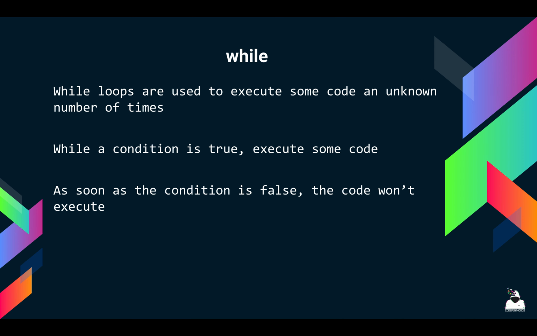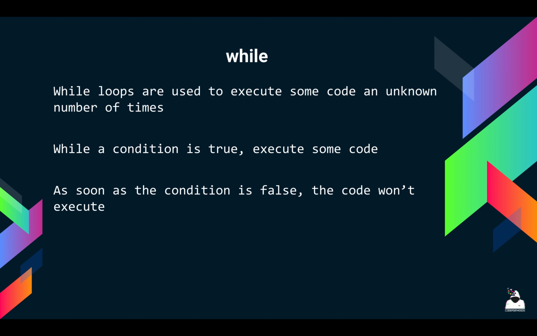Now, where a for loop was used to execute something a known amount of times, except that last example where within the for loop you change it, a while loop is used to execute code an unknown amount of times.